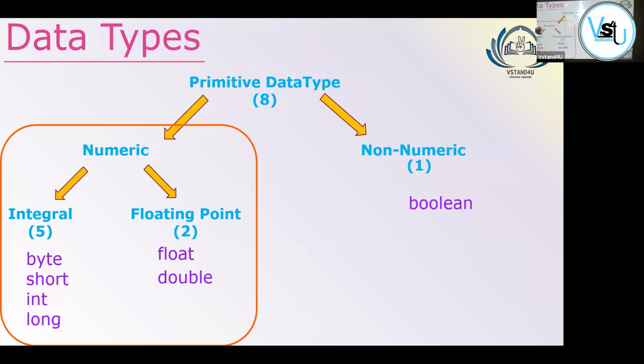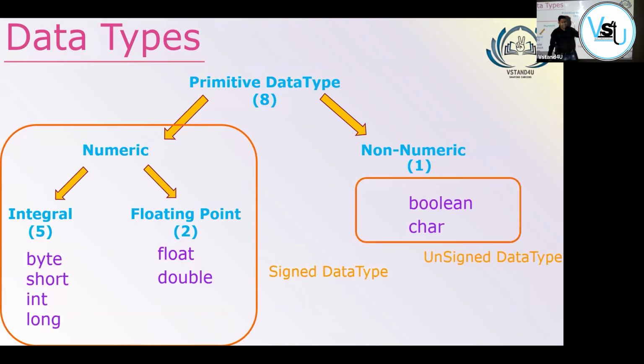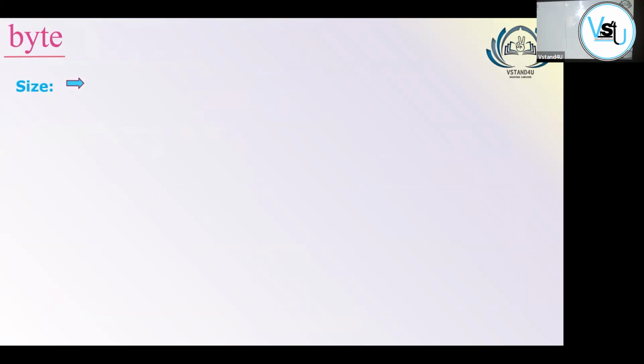Signed means they have a sign; positive numbers are there, and negative. In character, there is nothing called negative. So these are called signed data types. 2 are unsigned: Boolean and char. Am I clear? Okay, sir. Moving next. Byte. Size, now you will tell. Size is 1 byte, that is 8 bits. In that case, maximum value.